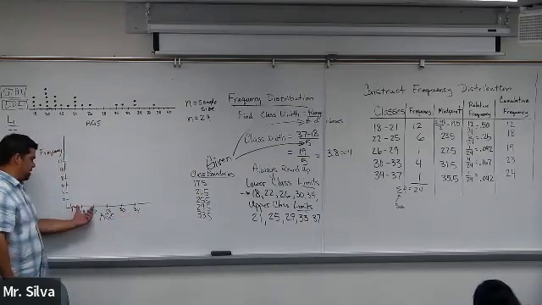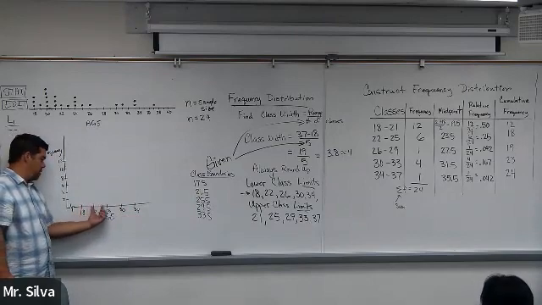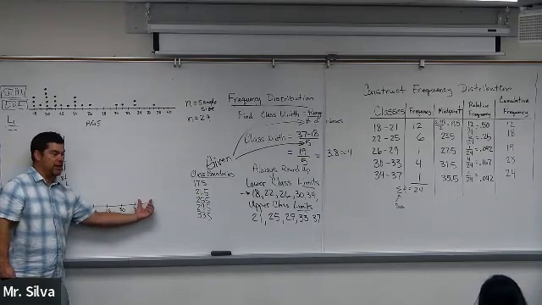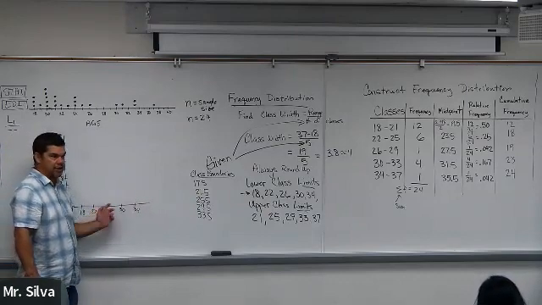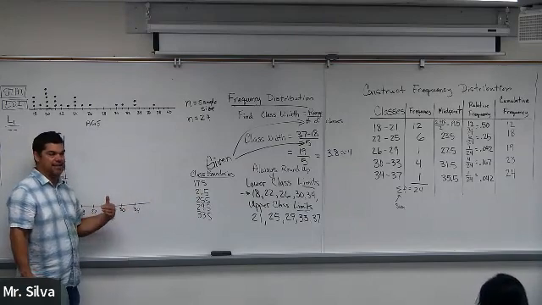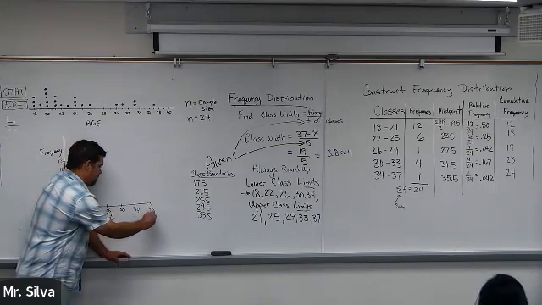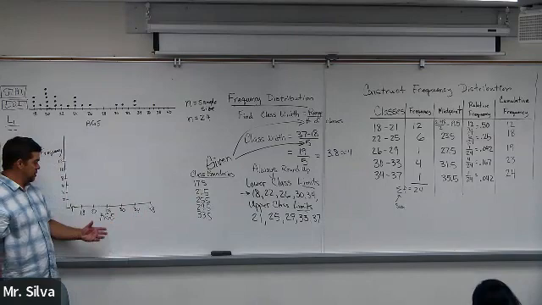So each of these is going to represent a bar. I need 5 of them. 1, 2, 3, 4. I need another bar here, so I need another. I'm not going to put the max number 37 because all these are lower class limits, so I'm going to stay consistent. The next lower class limit would be 38, even though we didn't even find it. It's not part of our numbers.